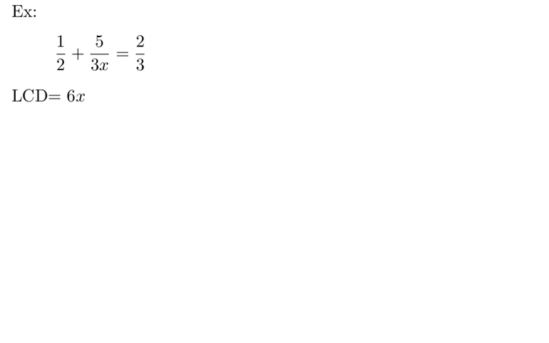So that will give me 6x times 1/2 plus 5 over 3x equals, I forgot the 6x. So all I did was multiply both sides of the equation by 6x.